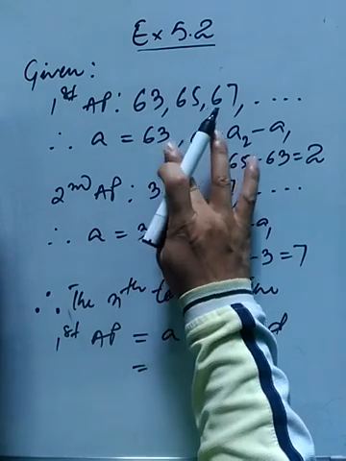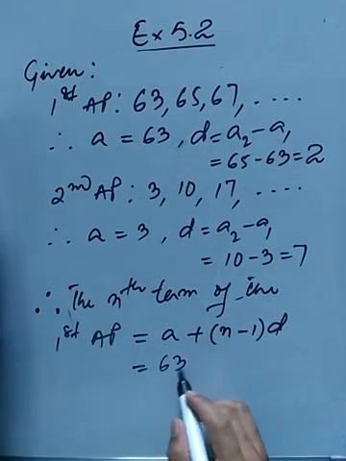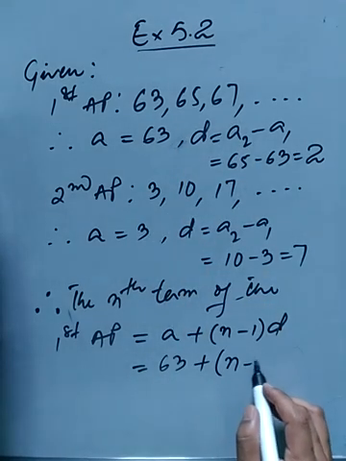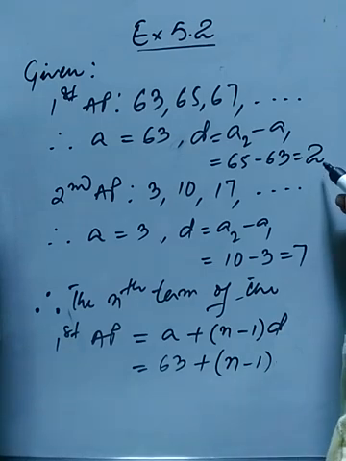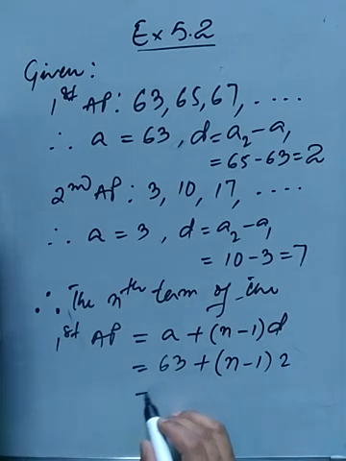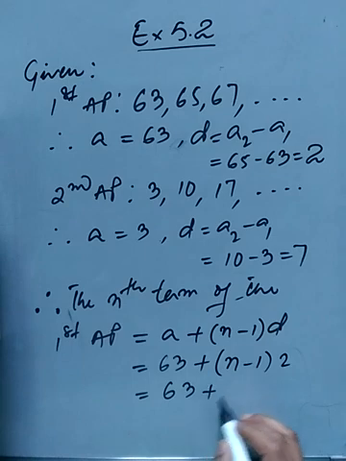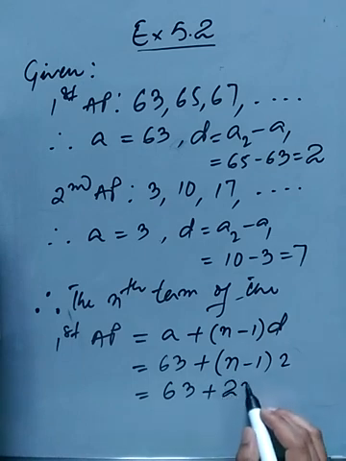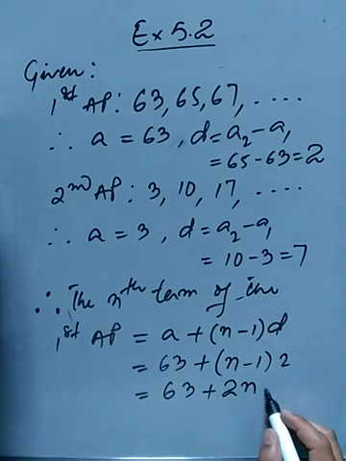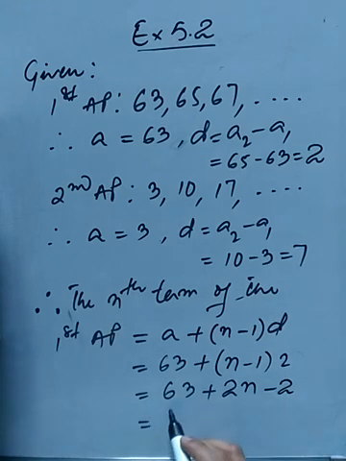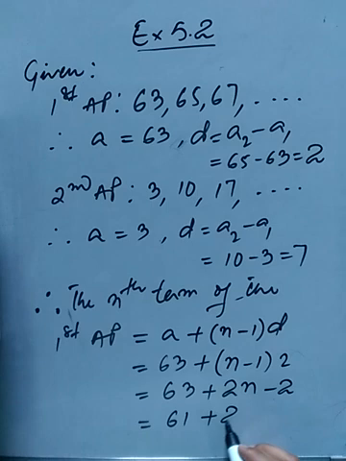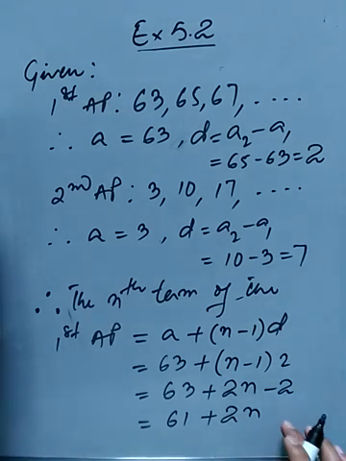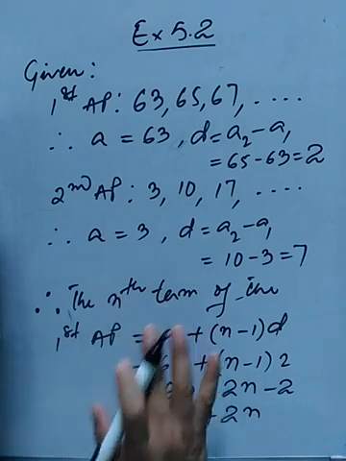We have 63 plus n minus 1. What is the value of d? Here it is 2. So 63 plus 2 into n, twice n, 2 into minus 1, minus 2. So 63 minus 2 gives 61 plus twice n. So we get the nth term for the first AP.